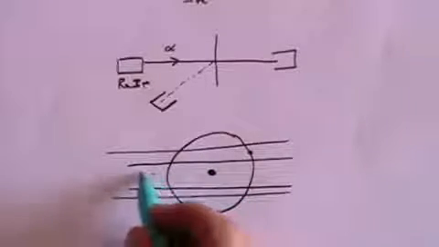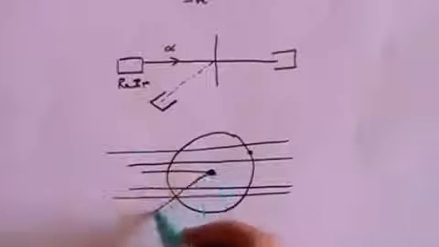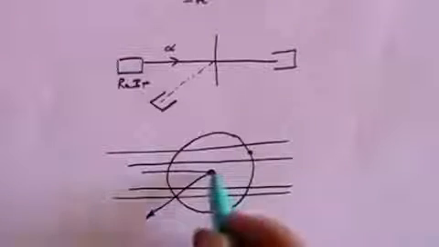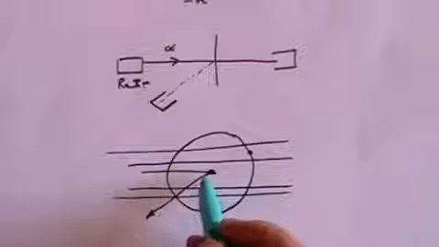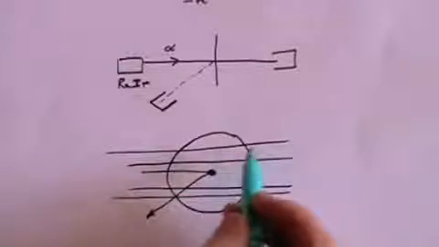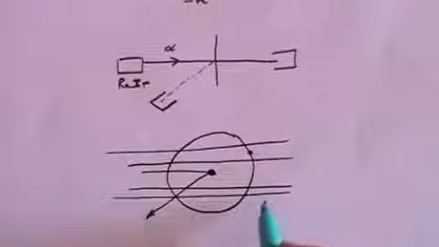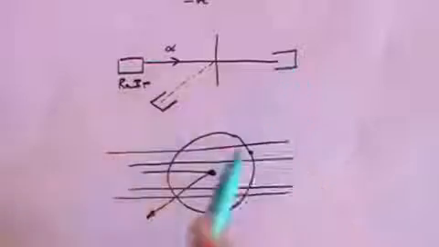It's only if an alpha particle hits the nucleus that it will be rebounded. And since that nucleus is very, very small, only a very small number of alpha particles will be rebounded. By far the most will go straight through, out the other side, and into the detector.